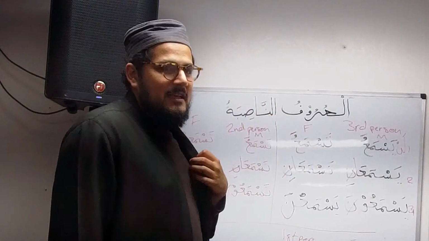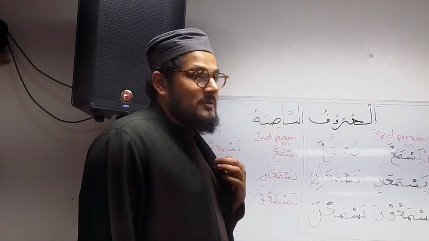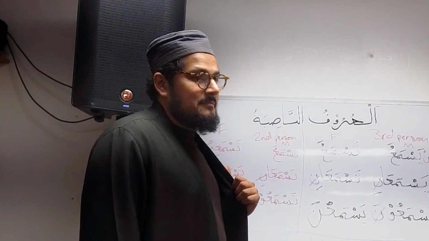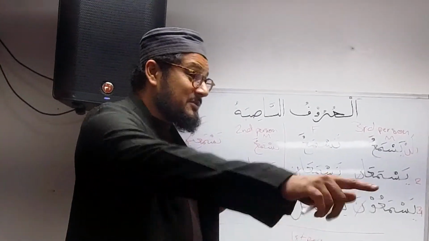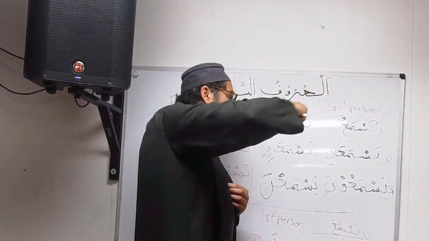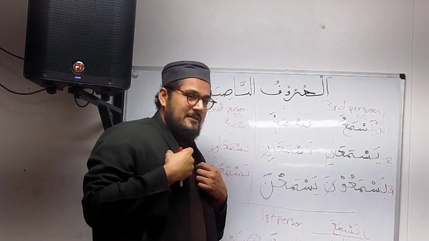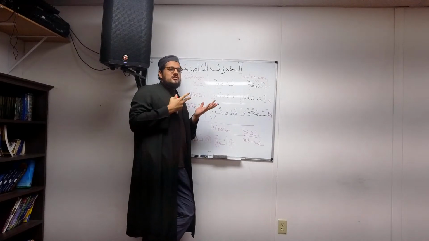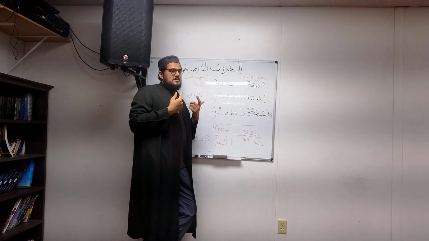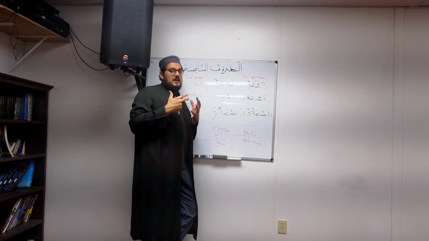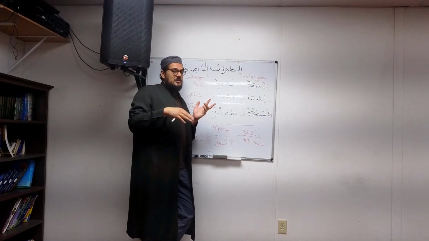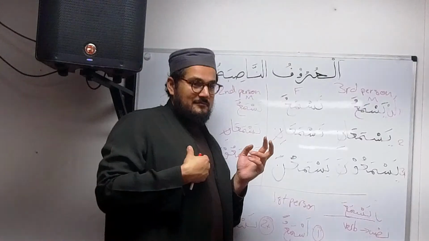How do we say it? She will never listen. In Arabic, how do we say it? Not tasma'u, but the nasab state: lan tasma'a. We change it to a fatha because it's singular. Singulars get their nasab state from a change from a dhamma to a fatha.